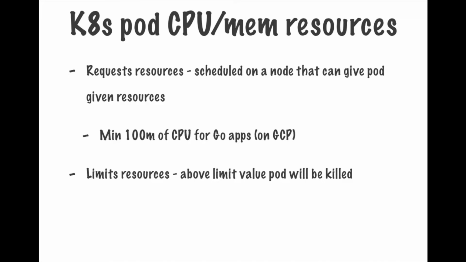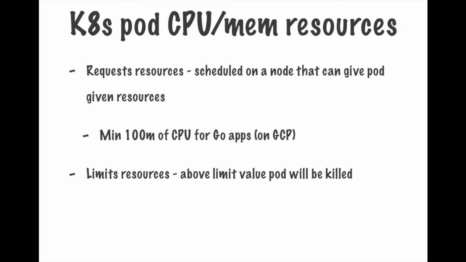And there's a second type of resources, which is the limit. If the actual resources used by this pod are above this limit, Kubernetes will kill this pod in order to prevent, for example, a memory leak. You need to set those values properly, because if you put this value too high, you can end up starving your node.